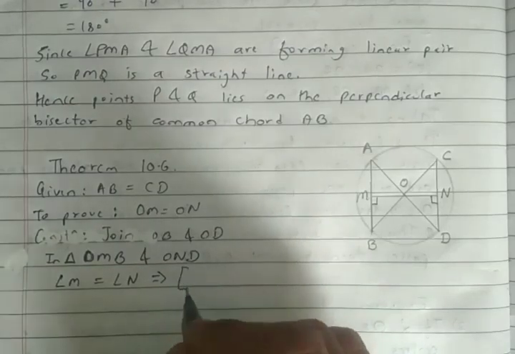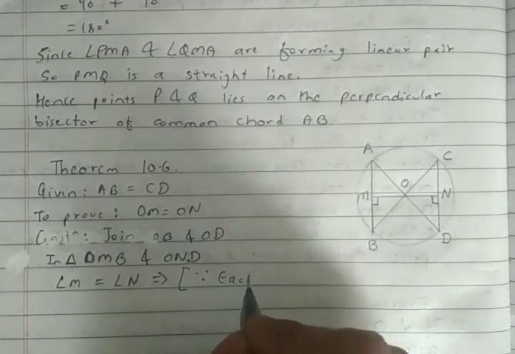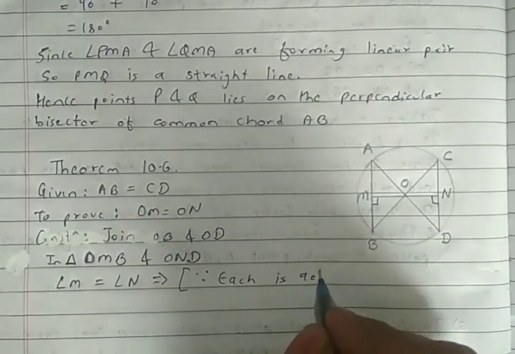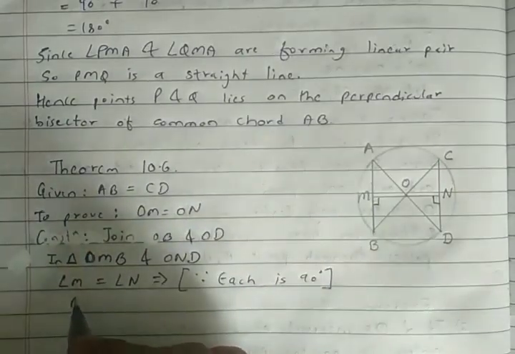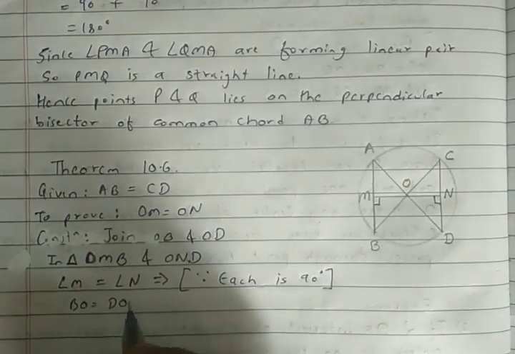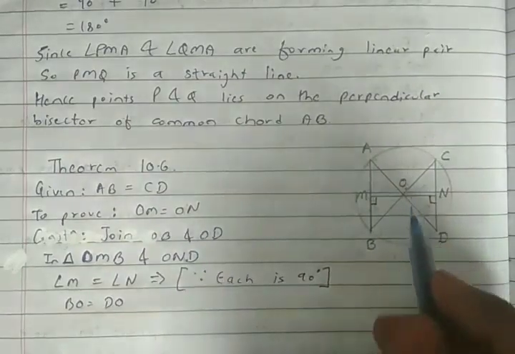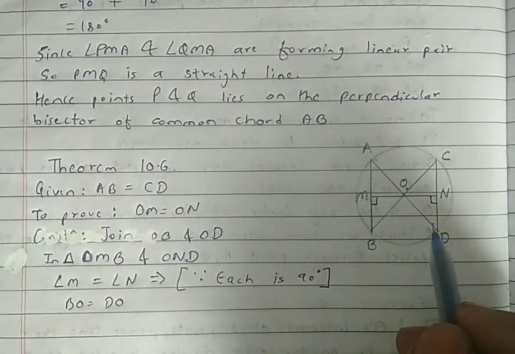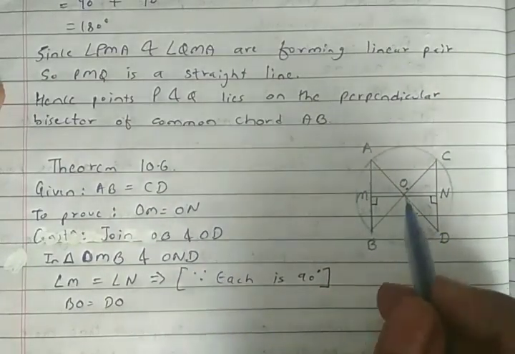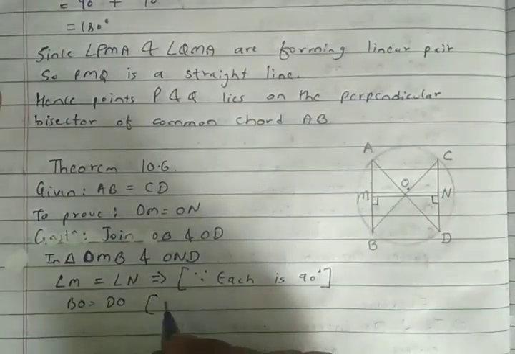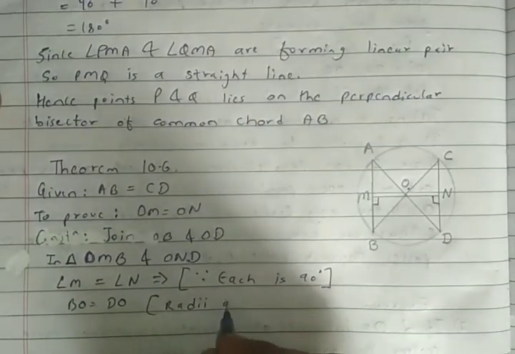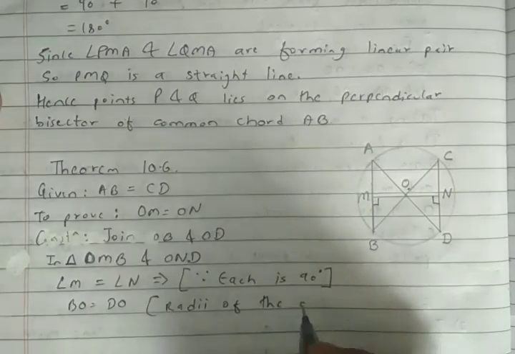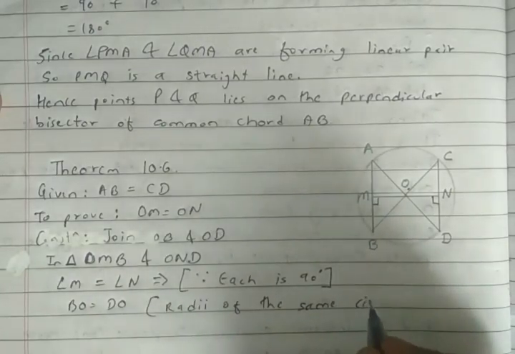We write the reason: because each is 90 degrees. Now BO equal to DO. Why we can say that? Because they are radii of the same circle.